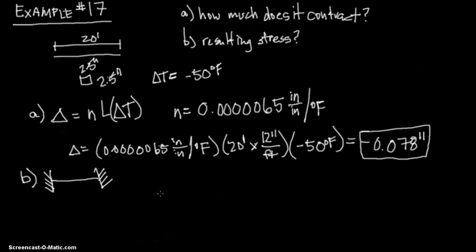And the way you have to look at it is, since we're assuming that it's not going to move, you effectively have a bar that wants to be this length but is being stretched to 20 foot. So you have a bar that's 20 foot minus 0.078 feet, and you're stretching it.